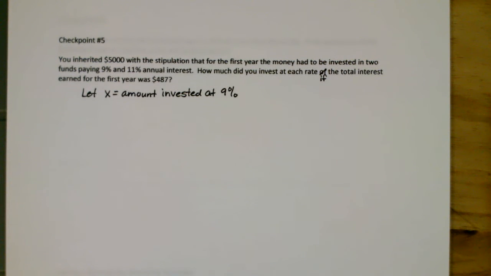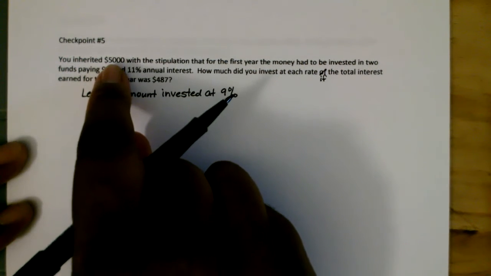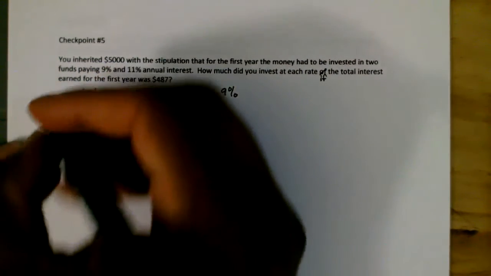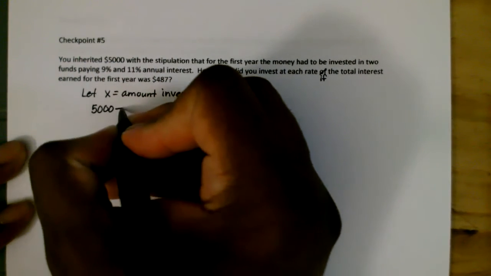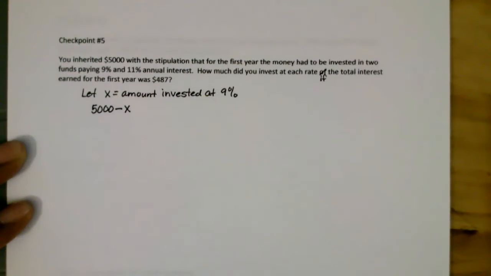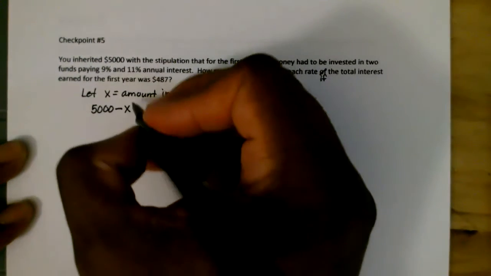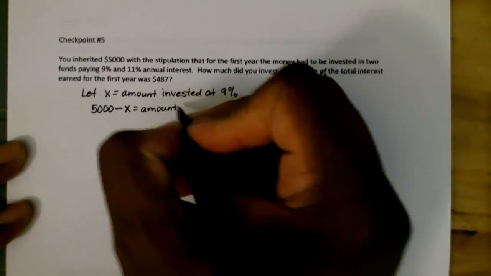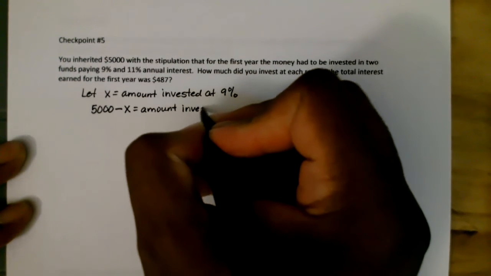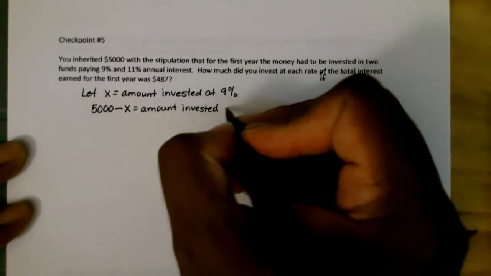That means what's left was invested at 11%. So that means $5,000 was inherited, and whatever was left of that 5,000, that would be 5,000 minus X. That would be the amount invested at 11%.